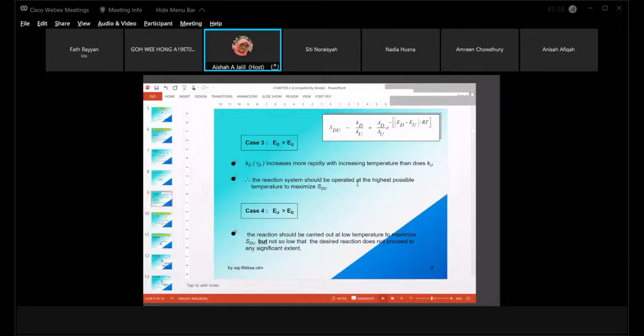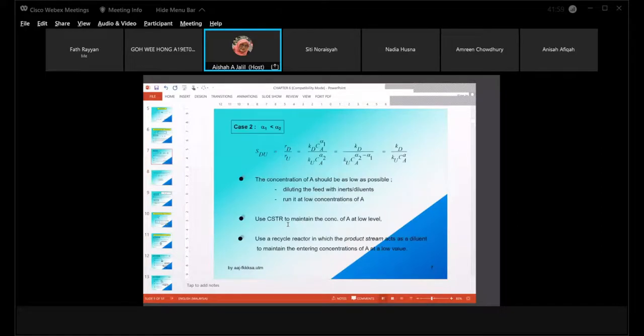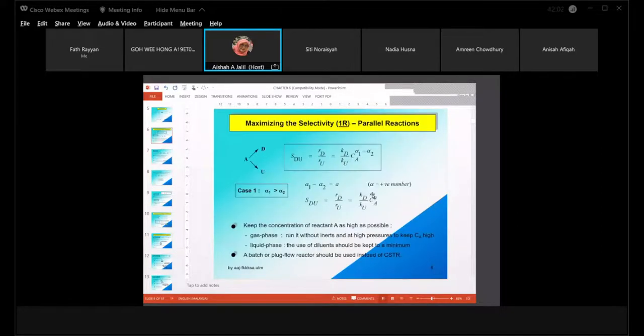You will calculate the S. They will give you the rate law, and then you will calculate and see, if A is at the top, what happened, and if A is at the bottom, what happened.